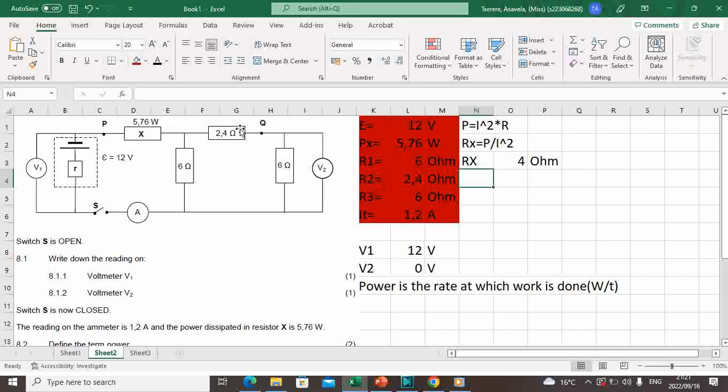As you can see, these two resistors are in series to each other. So I will name them RA.